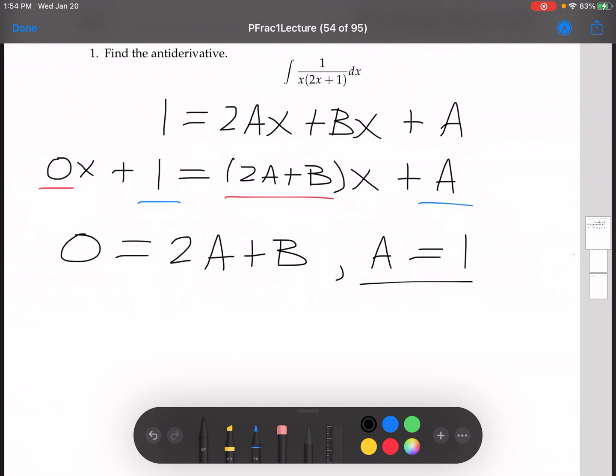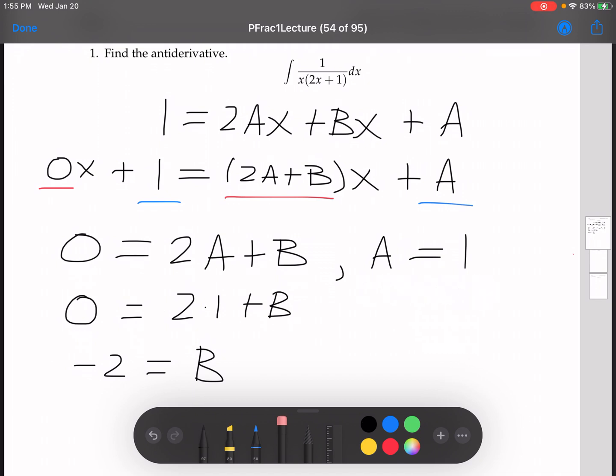All right, so now we know what A is, and we can plug that in to solve for B. So 0 equals 2 times 1 plus B, negative 2 equals B. So now we know that A is 1 and B is negative 2.